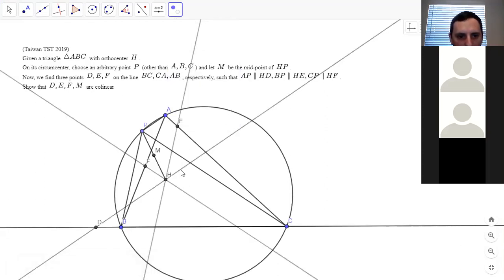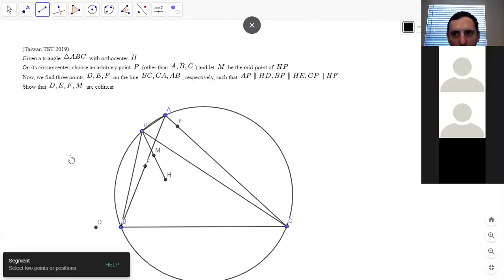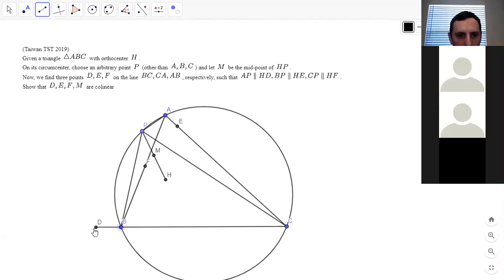So that's parallel, and that's parallel. And then we want the Simpson line.